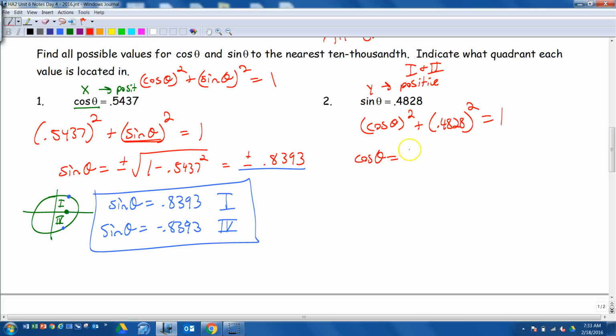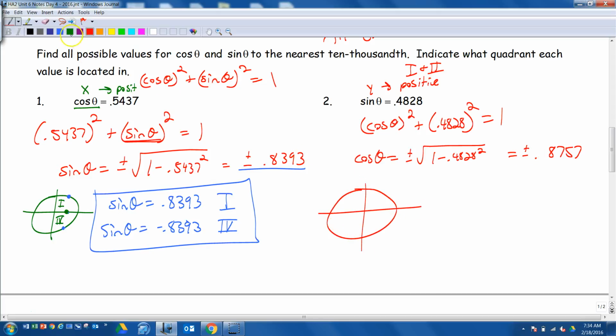Cosine theta equals plus or minus the square root of 1 minus 0.4828 squared, which gives you 0.8757 plus or minus. So then if I draw my circle and think about this, the y is positive, so it's positive 0.48. I need to figure out the two x values that'll get me there and there along that line.